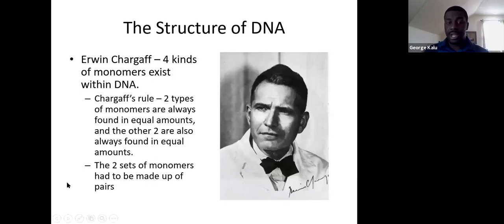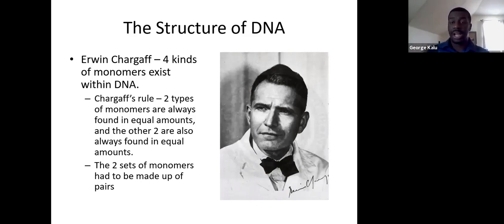Okay. So then there was another scientist named Erwin Chargaff, okay, and what he determined was that there had to be 4 different monomers, okay, 4 different sub-units within DNA that help give it its structure. Okay. And so one of the things that he saw was that 2 of the monomers were always found in equal amounts, and the other 2 were also found in equal amounts to each other.